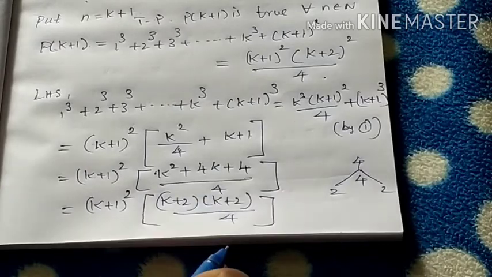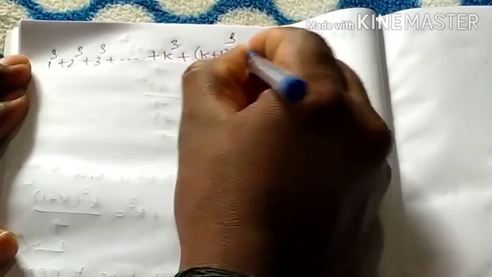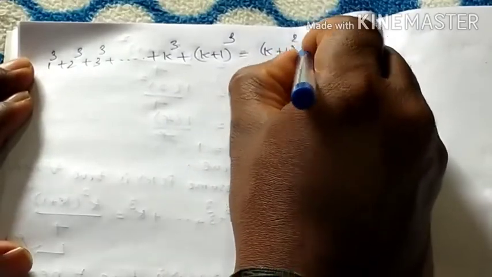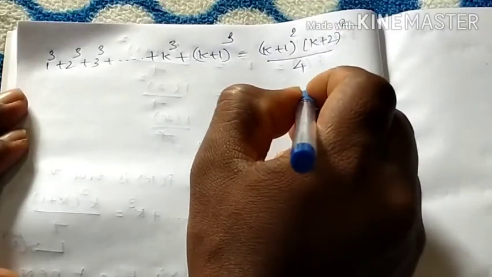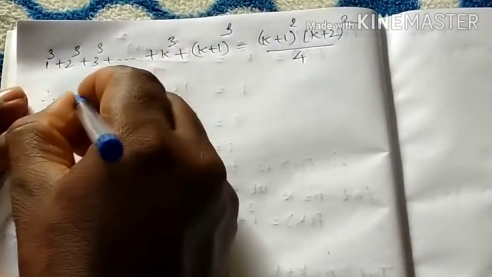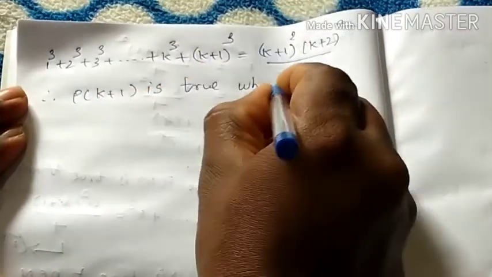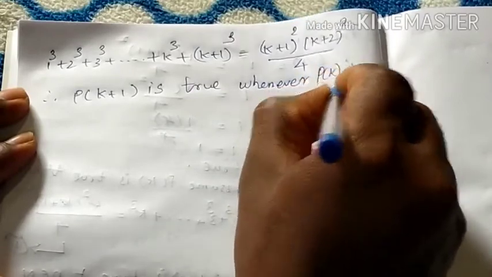(k+2) the whole square. Okay, the LHS side: 1 cube plus 2 cube plus 3 cube and so on plus k cube plus (k+1) the whole cube equals (k+1) the whole square into (k+2) into (k+2), the whole divided by 4. Okay, so hence proved. Therefore p of k+1 is true whenever p of k is true.